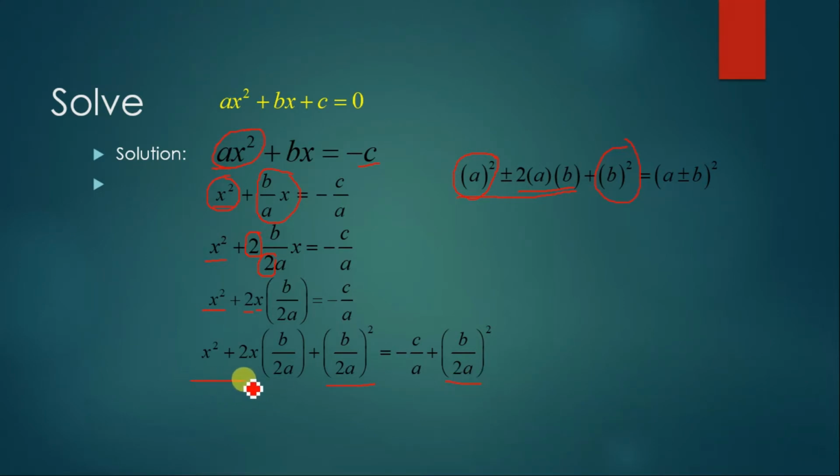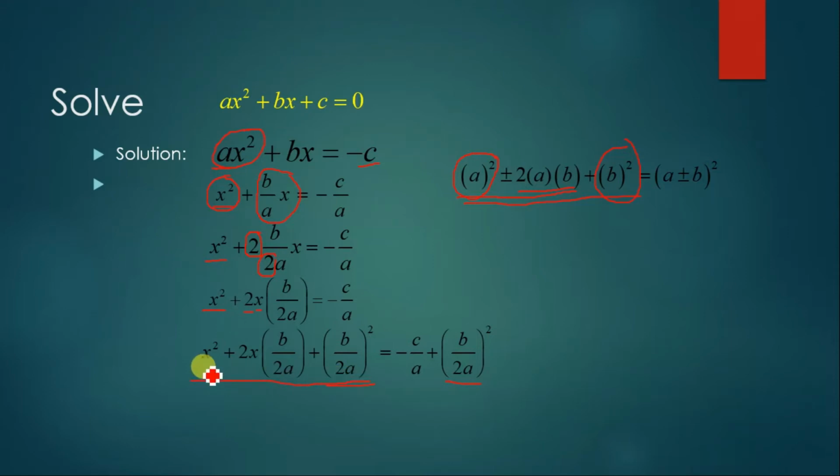Now I have the whole format like this: the square of the first term, plus or minus twice the product of the two terms, and the square of the second term, that is, a squared plus 2ab plus b squared.